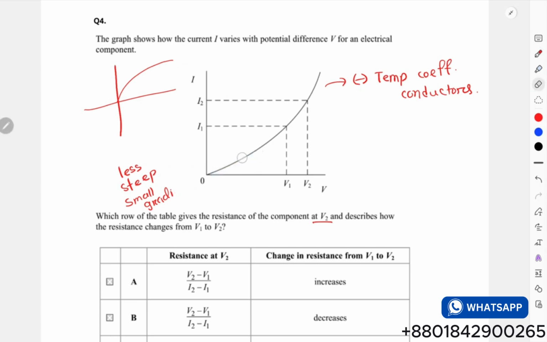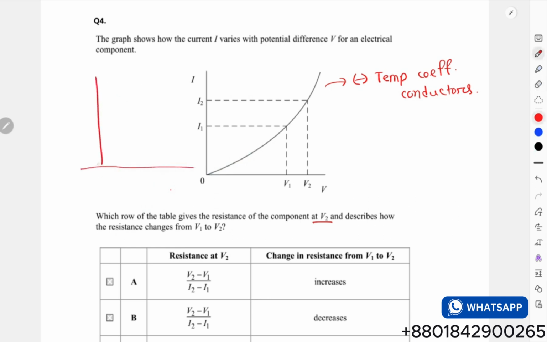Wait, let's do this extra thing over here, because we're trying to identify the component. If I draw this same graph but reverse the axes, putting V on the y-axis and I on the x-axis, the graph will look like this, right?